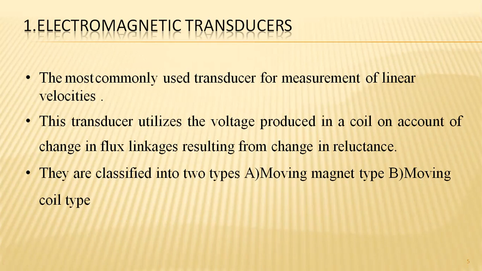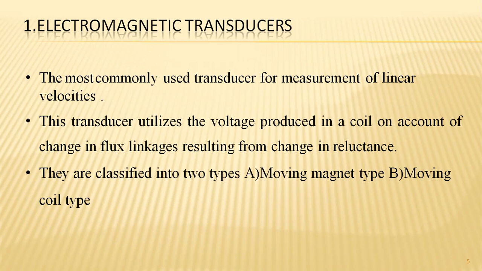Basically, this is a type of transducer which works on a DC or AC power supply, and the voltage is produced within the coil on account of the change in the flux linkages, which results in a change in the reluctance.